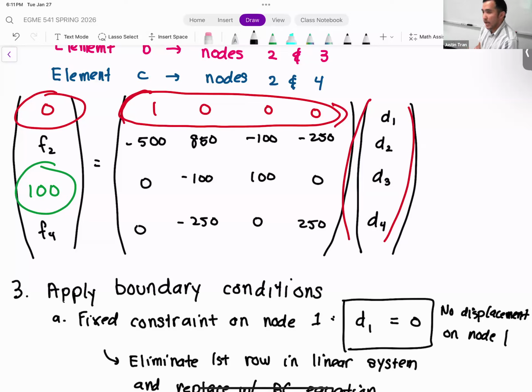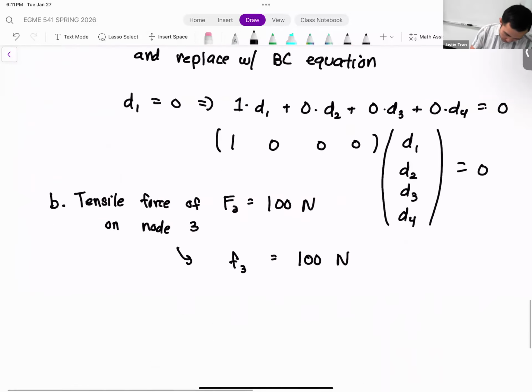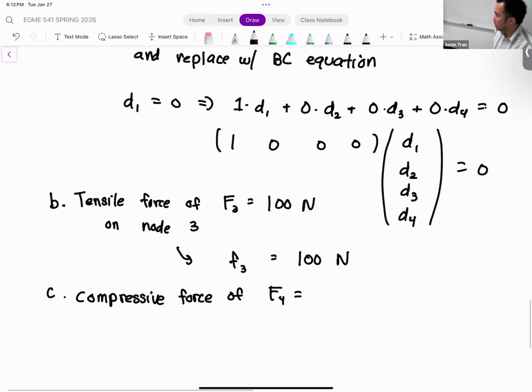All right, and then we're going to do the exact same thing for node number 4. So node number 4, we have a compressive force being applied. And since it's a compressive force, we're going to apply a negative sign here.